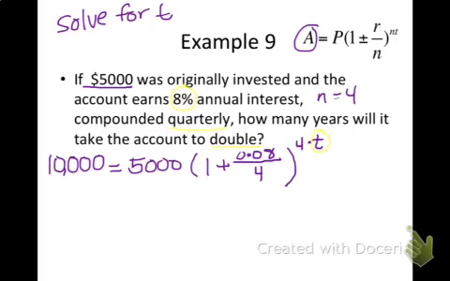So what you can do, guys, in your calculator, go to Y equals. And also make sure that you use parentheses around the fraction. You can simplify it before you put it in. It doesn't really matter. What you're going to do is go to Y equals, and then put in Y is equal to 10,000. And then for the second one, you're going to put the second half of the equation.